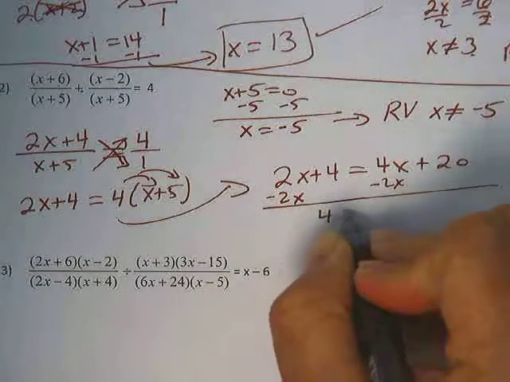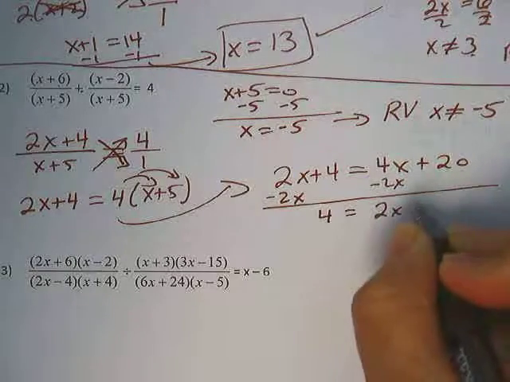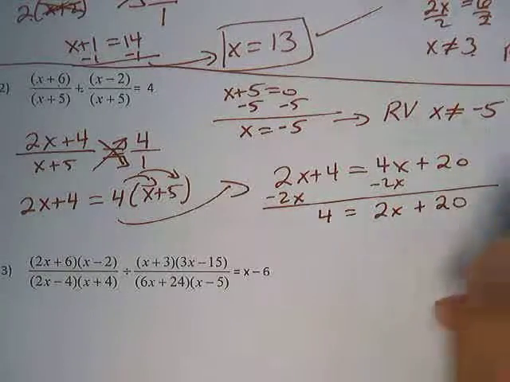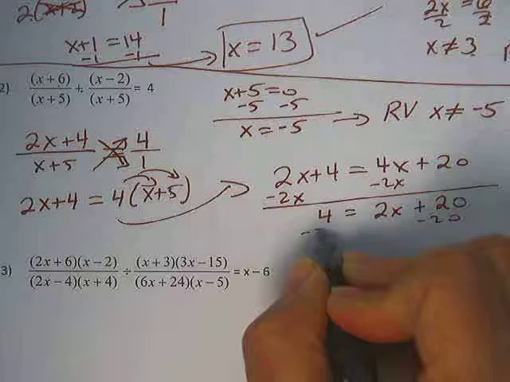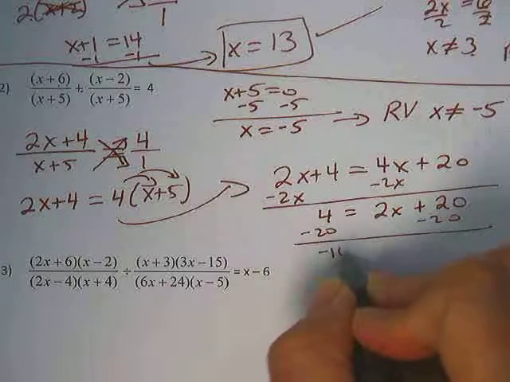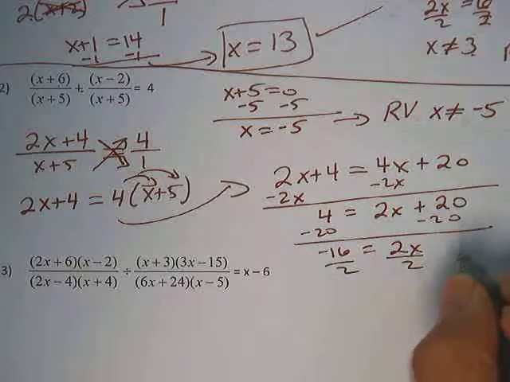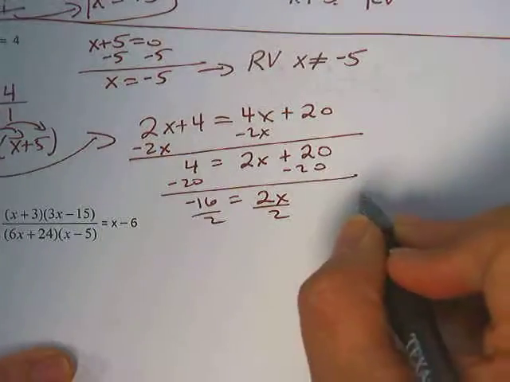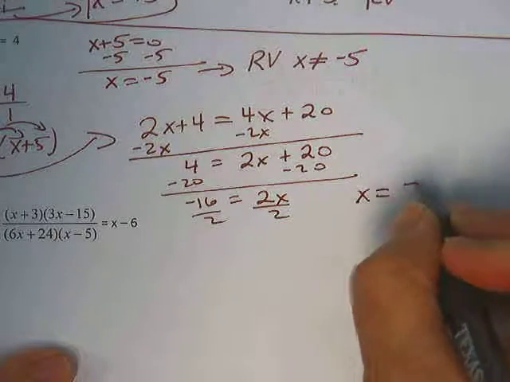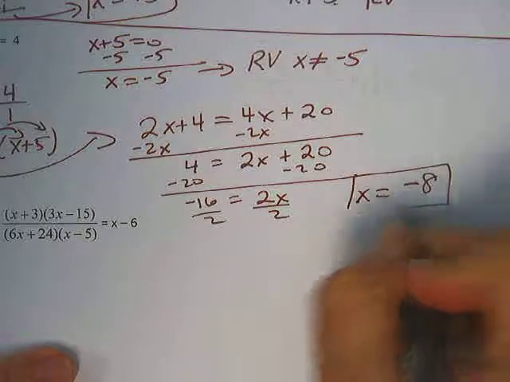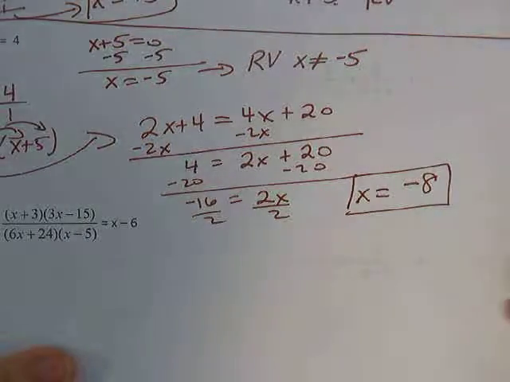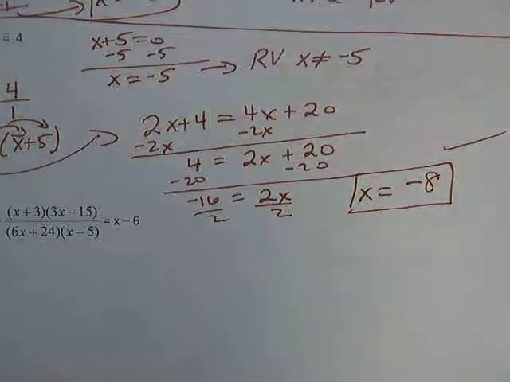So we have 4 is equal to 2x plus 20. Subtract 20. And I have negative 16 is equal to 2x. Divide by 2. And we get x is equal to negative 8. That's not my restricted value, so that is good.